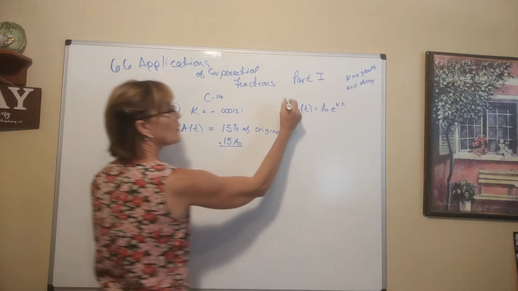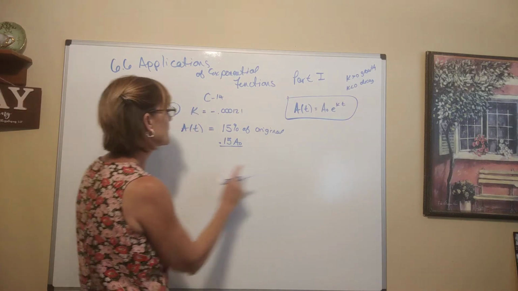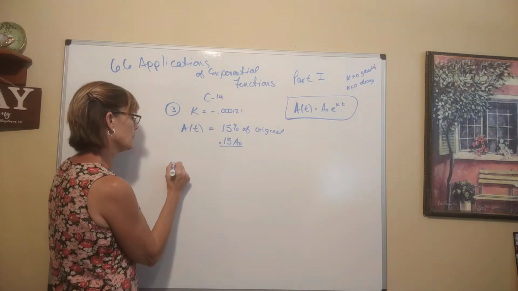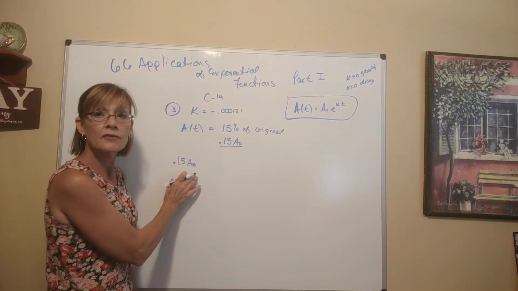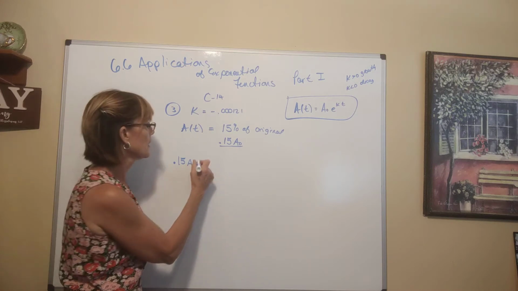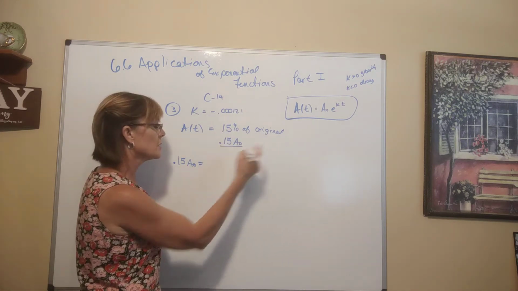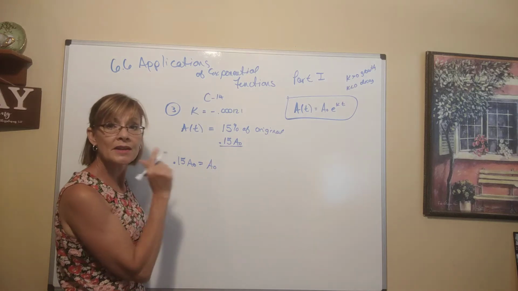This is always what we're going to be using. What they told us here was A of t, so that is 0.15 A sub 0. This is the amount of carbon-14 they found in it when they found it. They're like, oh, this is how much is left. Is this equal to the original amount, A sub 0? We don't even know what the original amount was, but it doesn't matter.